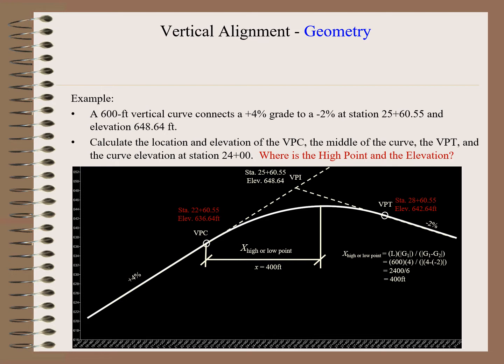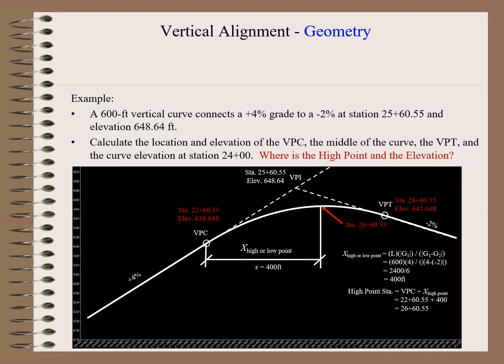Next, we're going to calculate the station, which is very simple. You just take the VPC value plus that X value of 400 feet. We get a station value of 26 plus 60.55 for the high point station.